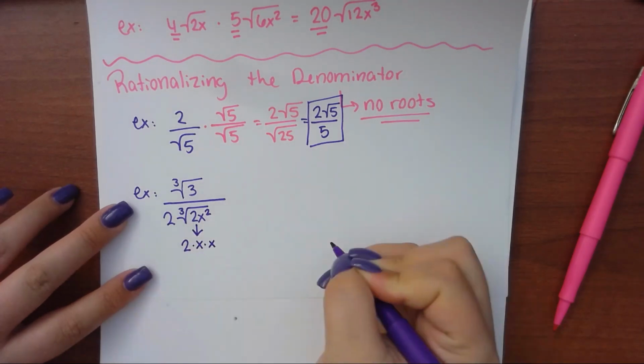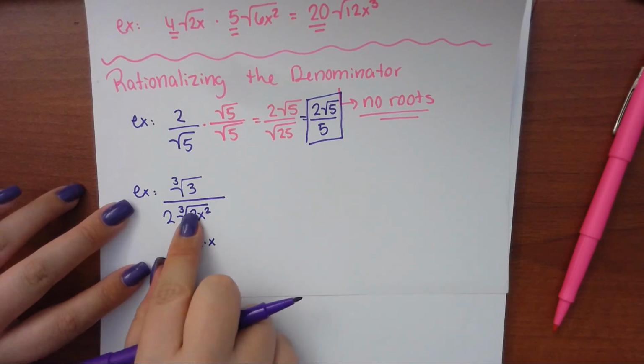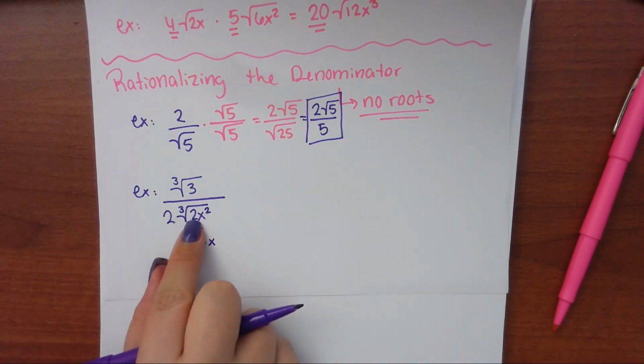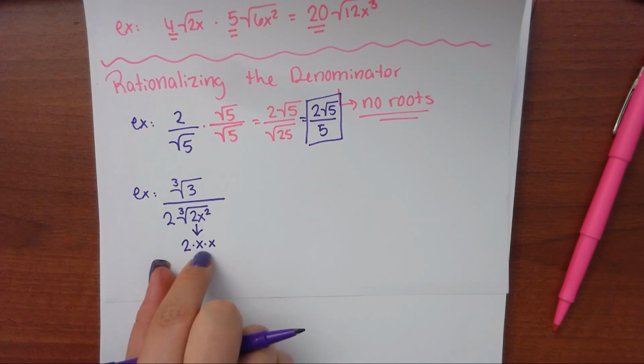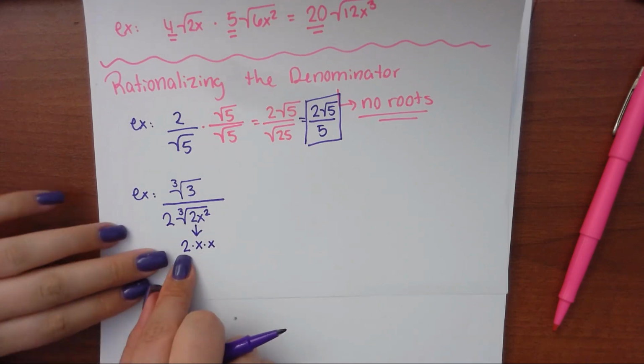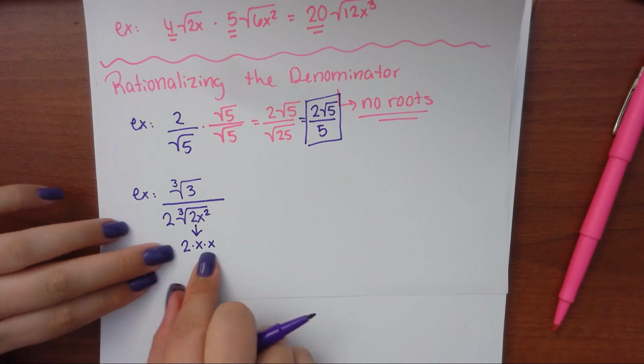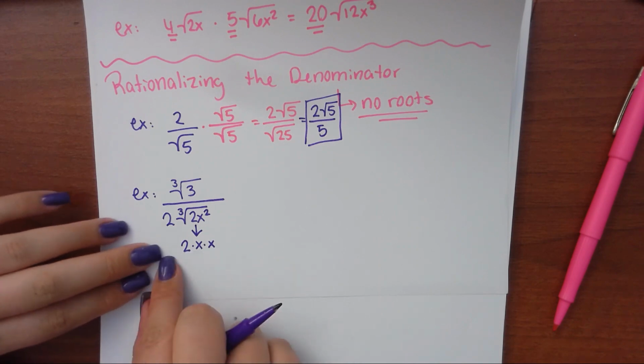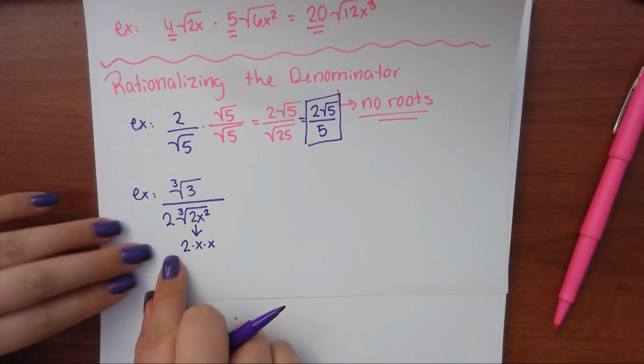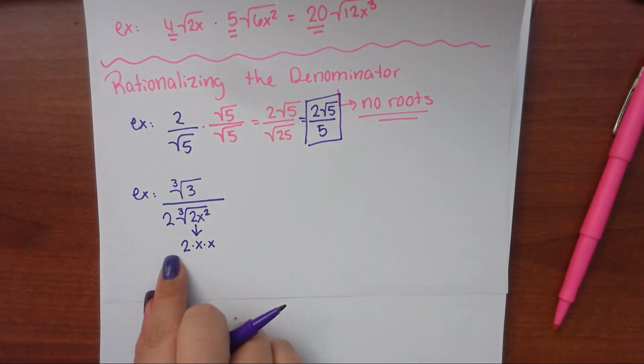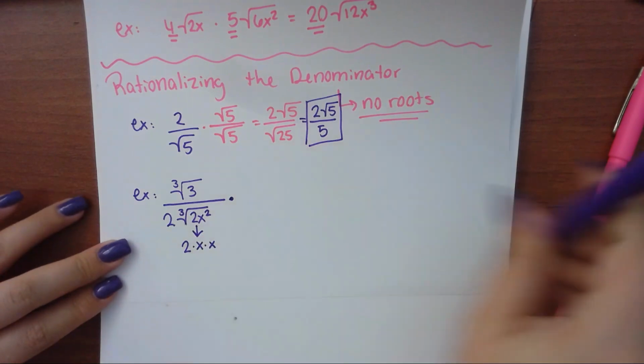Well, what would make this a perfect cube? Because the goal is to get rid of that cube root. So you want to make it a perfect cube. So I would need additional 2's and an additional x. How many 2's would I need? I would need 2 more to make it a perfect cube, to make it simplify and go away completely. So what I'm going to multiply by is not going to be just the radical.